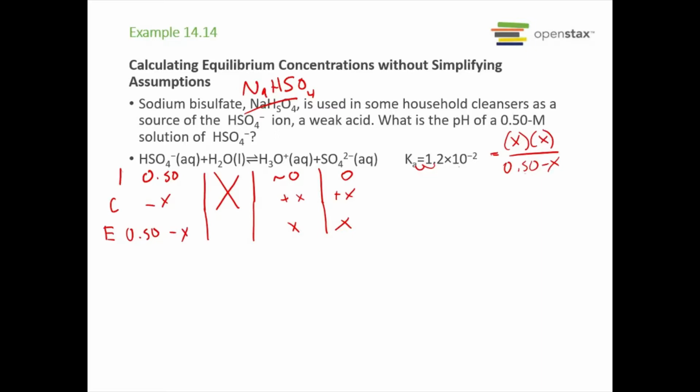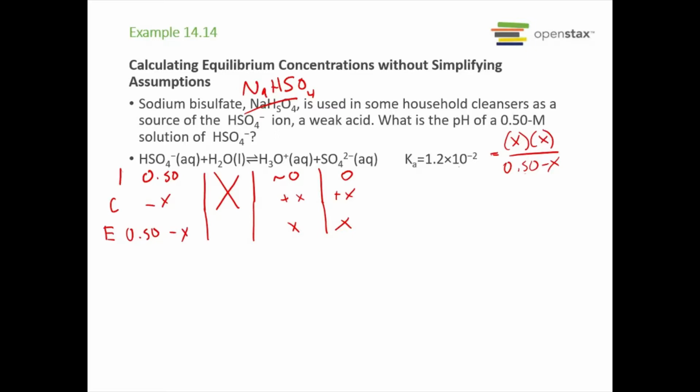So it's too big to be able to say that 0.50 is much greater than x. We cannot do that. If you did, you would get that x is 0.077 molar, and that is not significantly less than 0.50. So we need to solve this using quadratics.